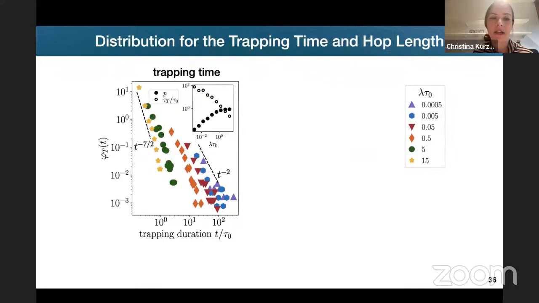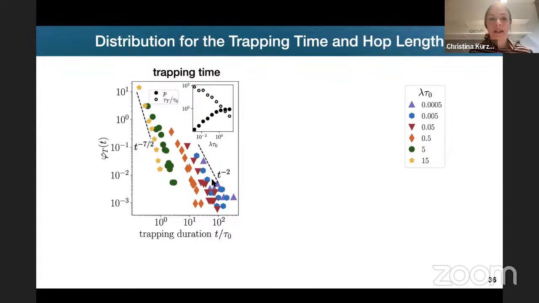But before we can do that, we can look at the distributions of these hopping and trapping phases. Let me first walk you through the trapping time distribution. Here we measure the trapping time of the cells, and you can see that the distributions are power law distributions.